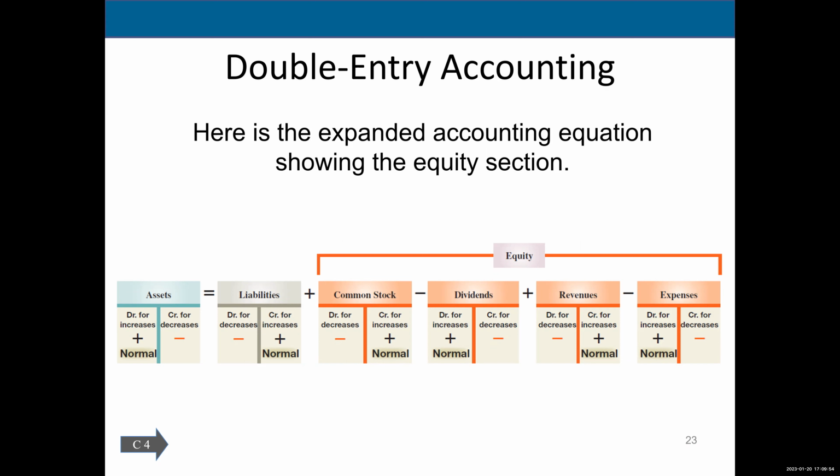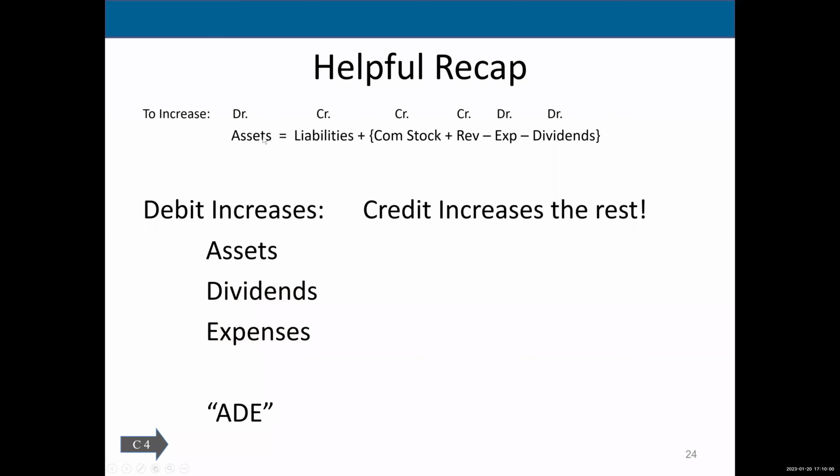There's a method to this. With all this craziness here, I noticed that there were three main accounts that increased with a debit: assets, dividends, and expenses. I can remember that by the slogan ADE, ADE.